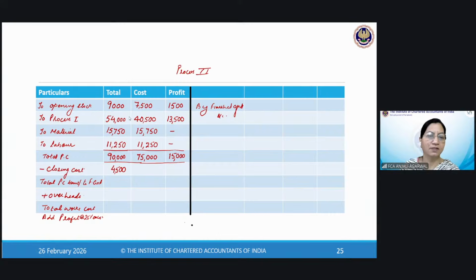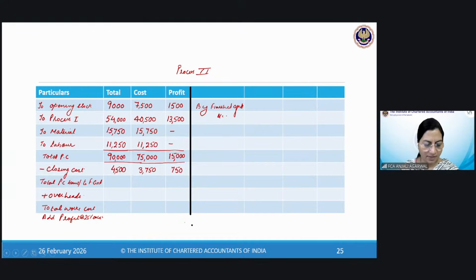Just by eyeballing this, I can see it is 5%. So what will be 5% of 75,000? 3,750, and 5% of 15,000 would be 750. So we have a closing stock worth 4,500.